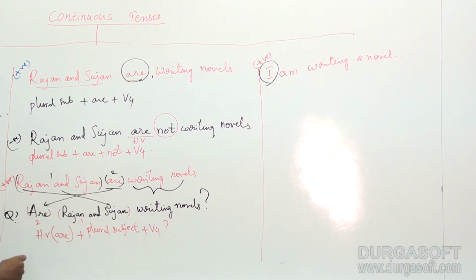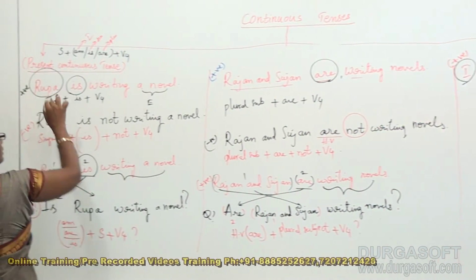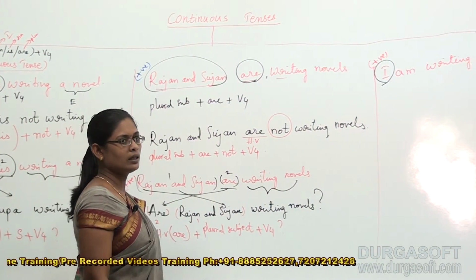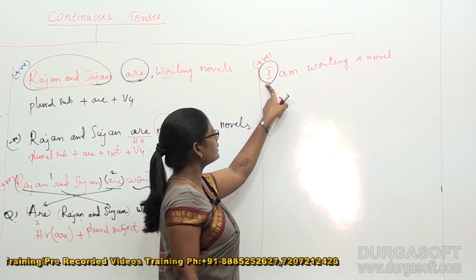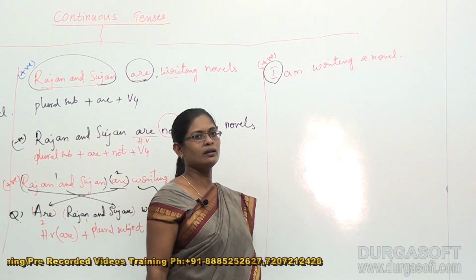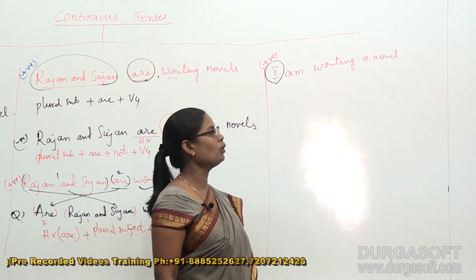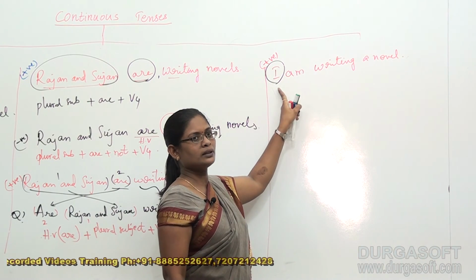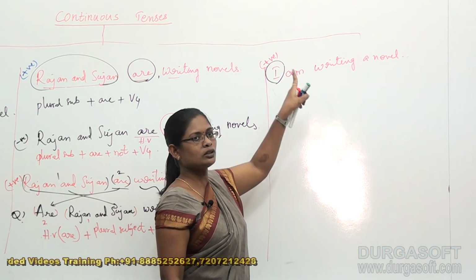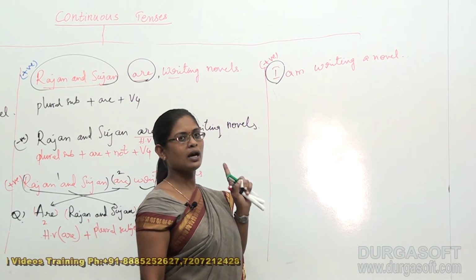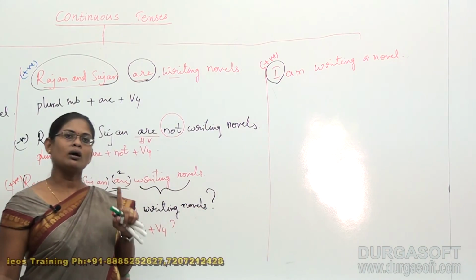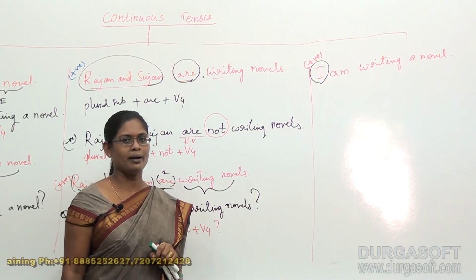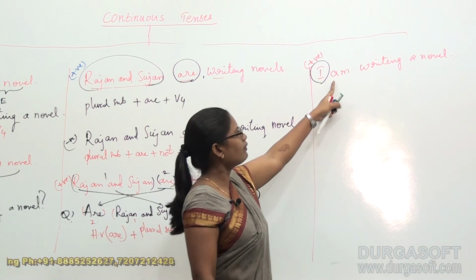Here Rupa is a singular subject and Rajan and Sujan is a plural subject, and I, though it is a singular subject, is treated as a personal pronoun. So the agreement should always be with am. Whether you are using I in simple present tense or present continuous tense, whatever it is, it has to agree with am. That is the reason we have used am.